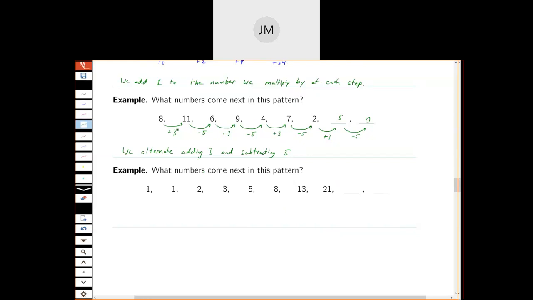Or I'll even write out the differences here. So here I add 0, and I add 1, and then I add 1, then I add 2, and I add 3, and then I add 5, and I add 8.